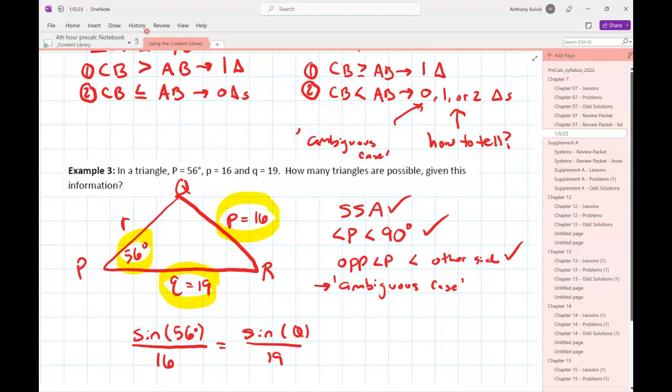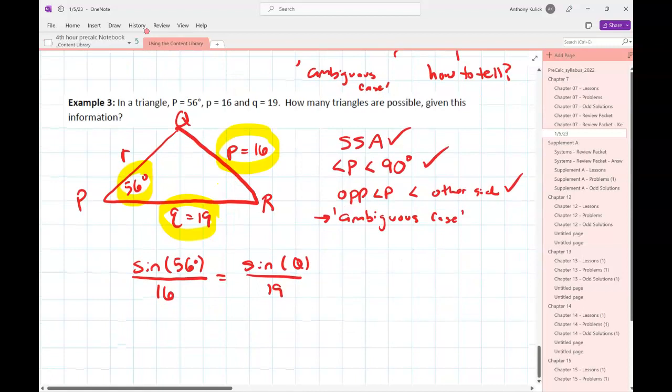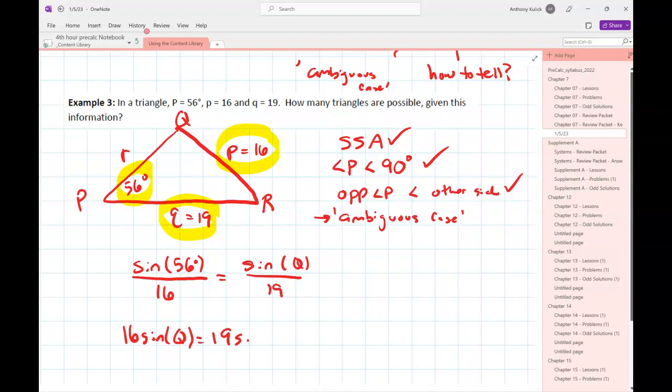Since I'm missing 2 angles, I can't get away with doing anything else. So what I'm going to do now is solve for sine of angle Q. So I'll cross multiply, just like I've done before. And then I'll divide by 16.